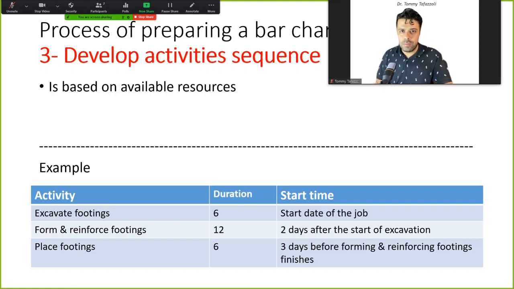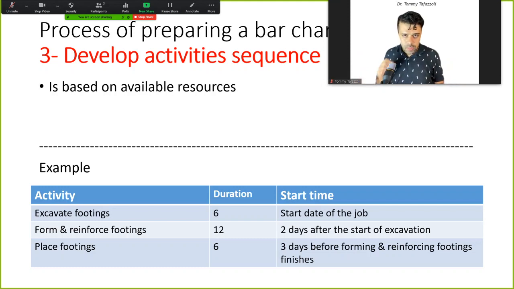So, developing the activity sequencing is based on available resources, right? Because many times you have to share your resources between different activities, and you don't want to schedule two activities that need the same resources at the same time, right? Because then they have to share the resources and the productivity for both of them will be compromised.